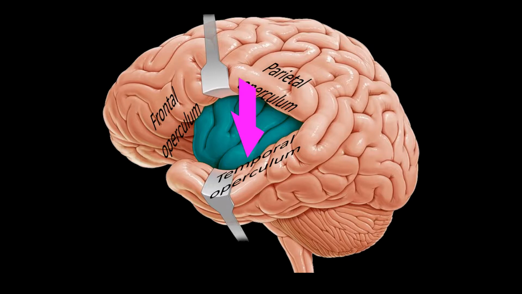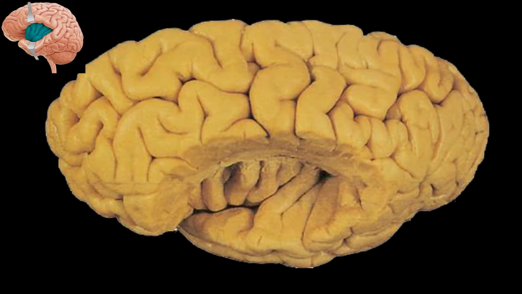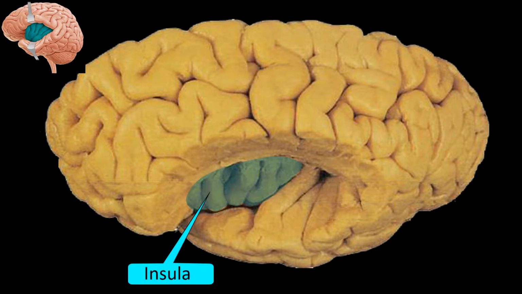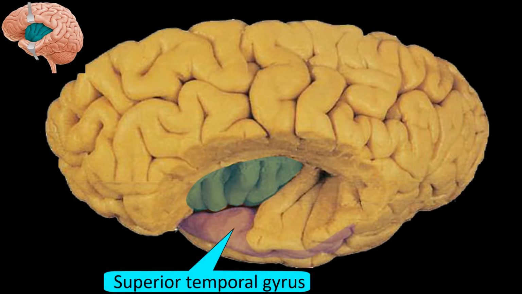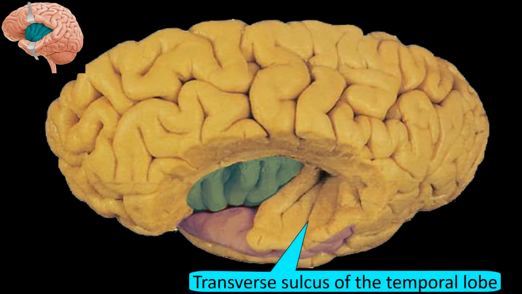The arrow is pointing to the temporal operculum. As you can see in this specimen, this is the insula. This is the superior temporal gyrus. This is the transverse sulcus of the temporal lobe.